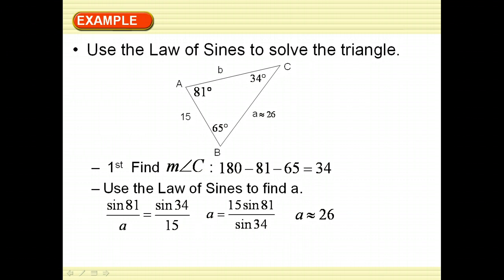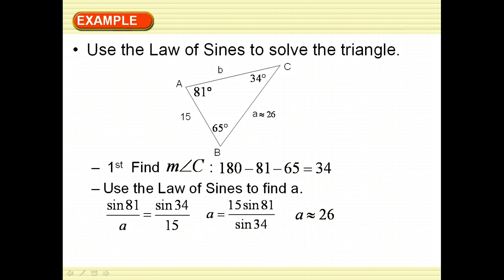Now I need to find b. Now I could use angle A and side a, but since that's really an approximation, that's probably not the best thing to do. Once again, I'll use angle C and 15 because I have the exact measurements there.